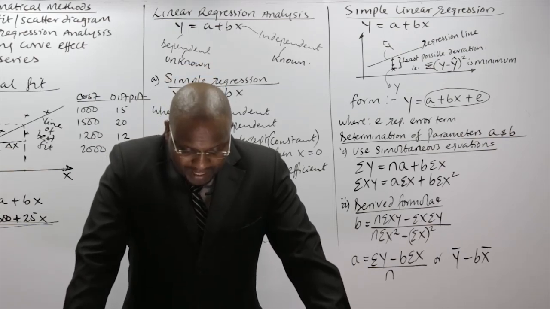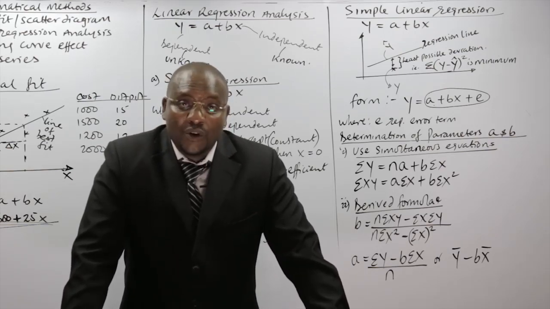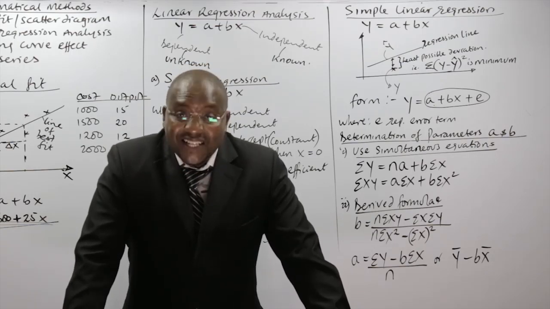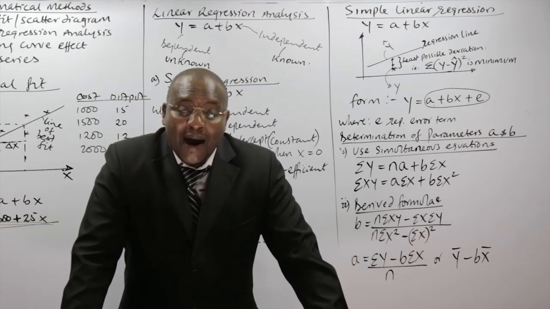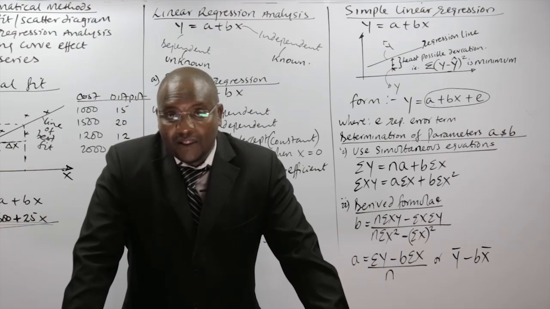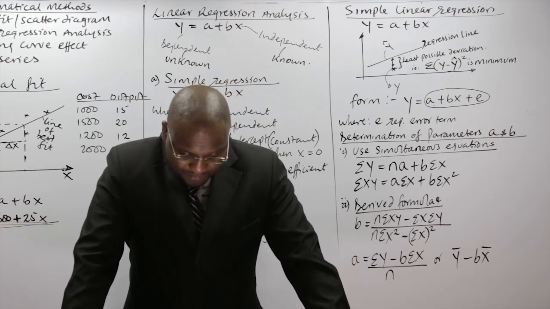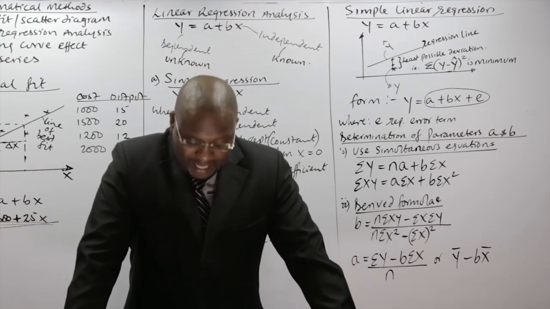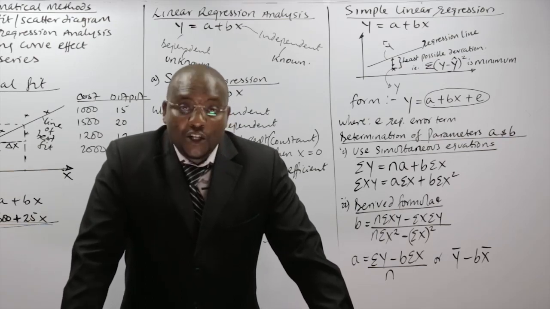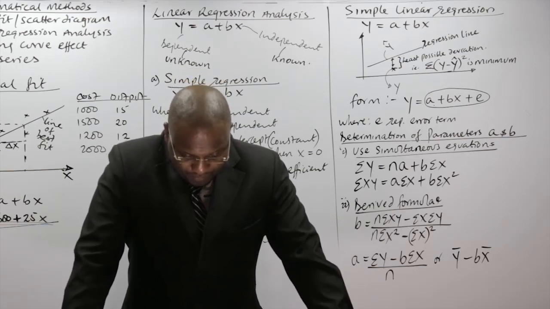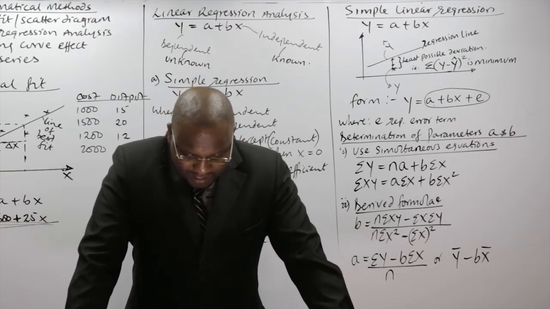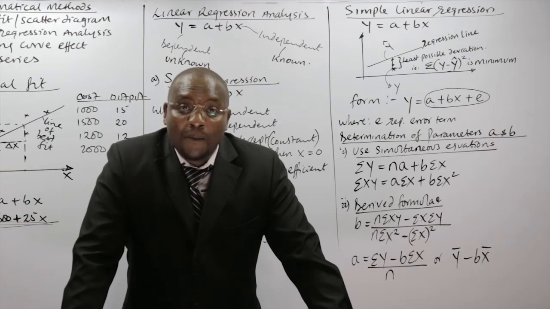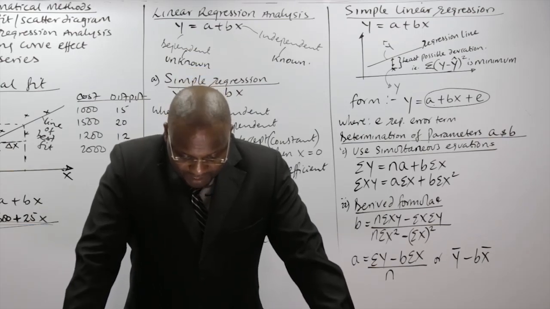Number two, the independent variable, which is x, is assumed to be known, while the dependent variable y can be determined from that known value of x. Number three is that the error term is assumed to be normally distributed. Number four is that the error terms have a zero mean.